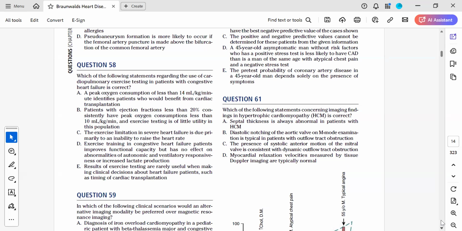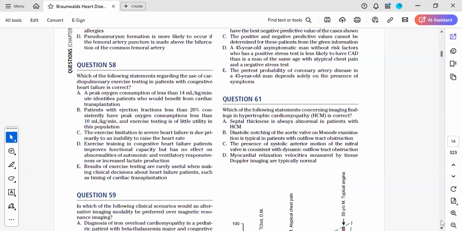transplantation. B. Patients with ejection fraction less than 20% consistently have peak oxygen consumption less than 10 mL per kg per minute, and exercise testing is of little utility in this population. C. The exercise limitation in severe heart failure is due primarily to an inability to raise the heart rate.